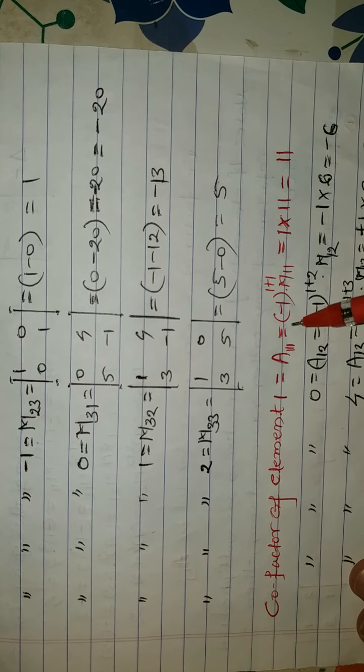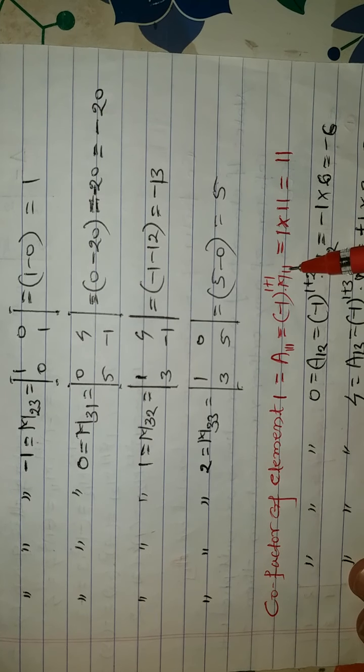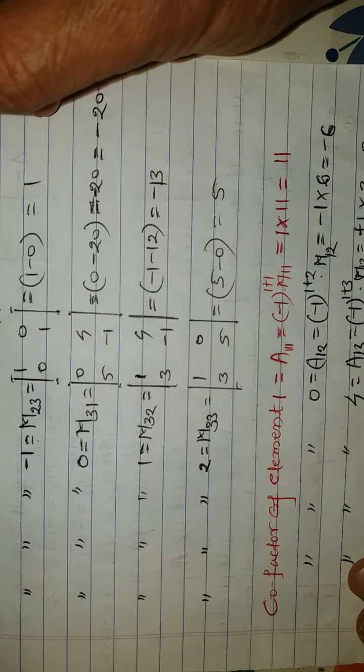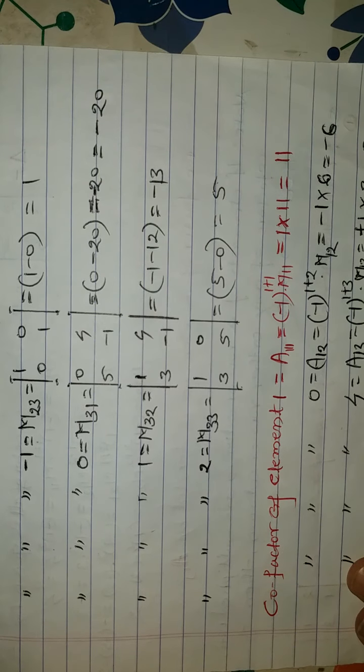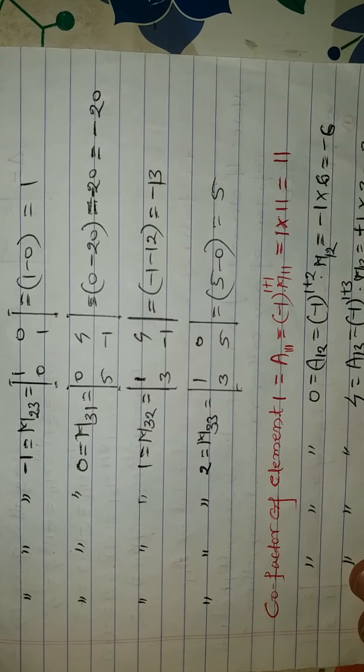Hence A11 equals minus 1 to the power of i plus j, that is first row, first column, into the minor M11. That equals 1 into the minor of A11, which is 11, hence that equals 11.